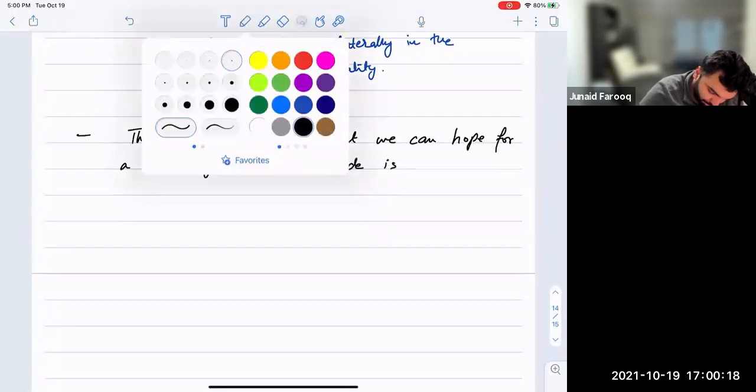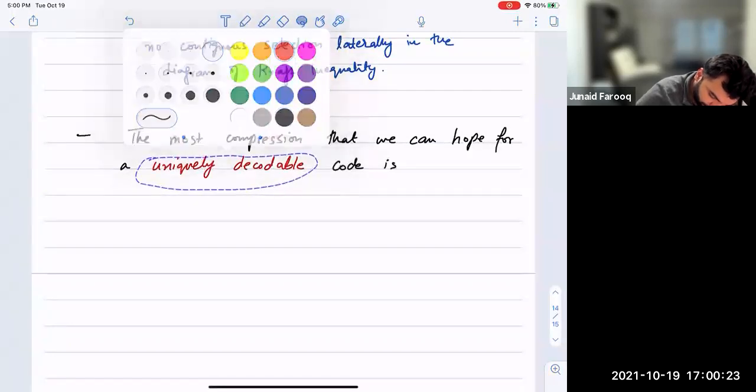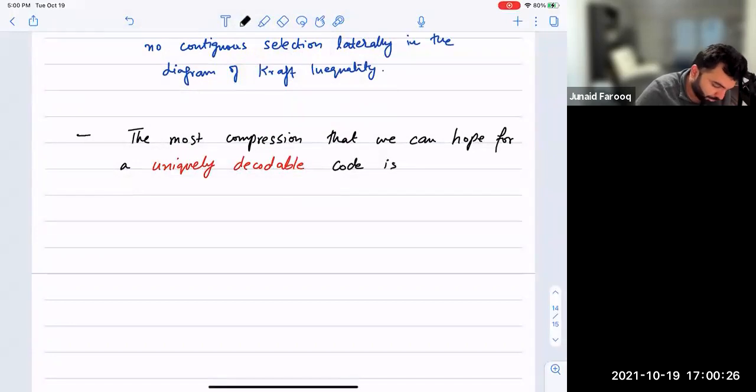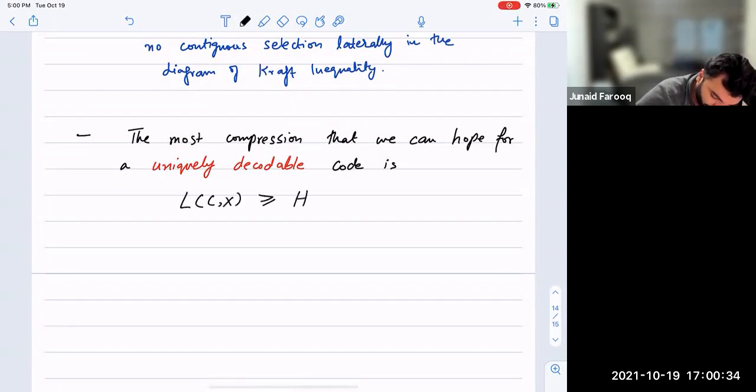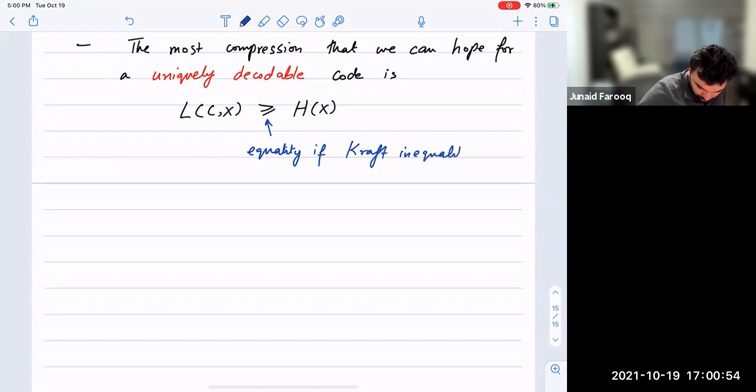And remember, this is the critical thing here. The most compression that you can achieve for a uniquely decodable code is an average length L(C,X) which is bigger than or equal to the entropy of the source X. And remember, this is equality if the Kraft inequality is satisfied exactly.